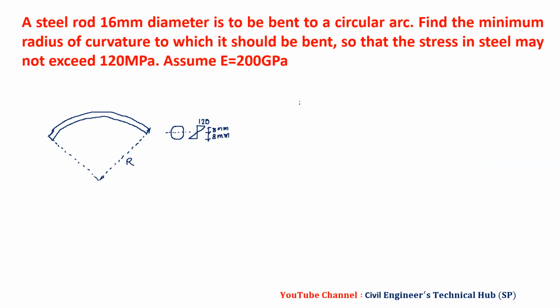So we have the flexure formula, M by I is equal to sigma by y is equal to E by R. Here we are interested in the radius of curvature. Sigma is given, so we have to use this part. Sigma by y is equal to E by R, or we can write R equal to E by sigma into y.